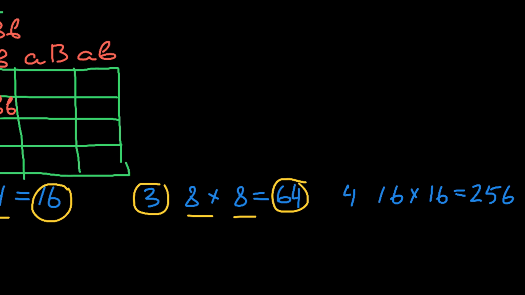So once again, this is an example with 4 genes and the number of cells in a Punnett square. And the Punnett square is going to be 16 by 16 on each side, 16 variants of the gametes.